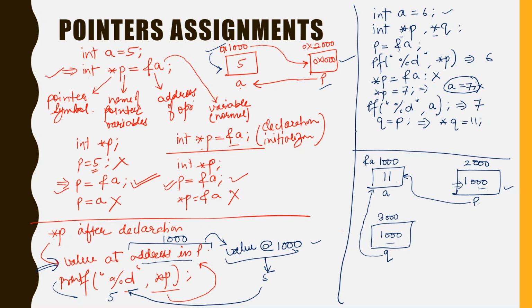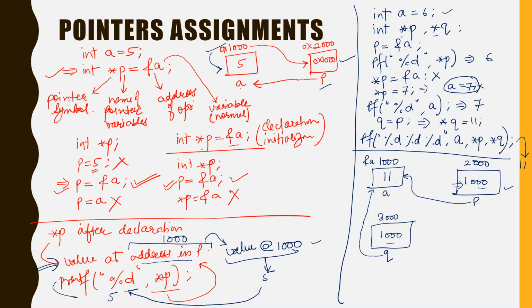And the most important thing, if I would like to print the value using all three methods, that is accessing the variable directly, accessing it with the help of pointer P, and accessing the same location with the help of pointer Q, all three will print the same value, 11. Why?